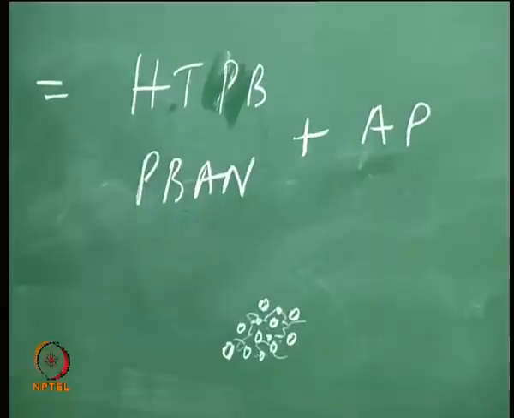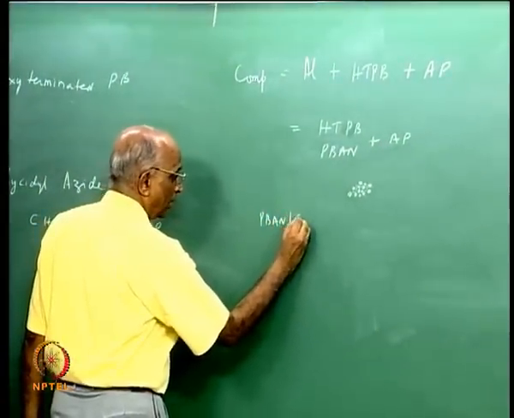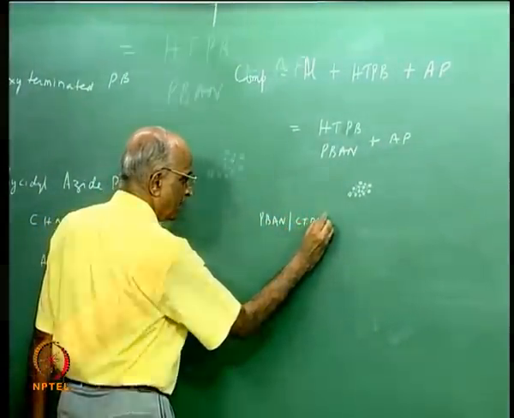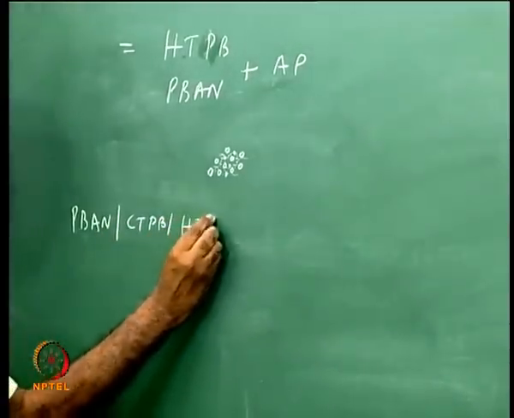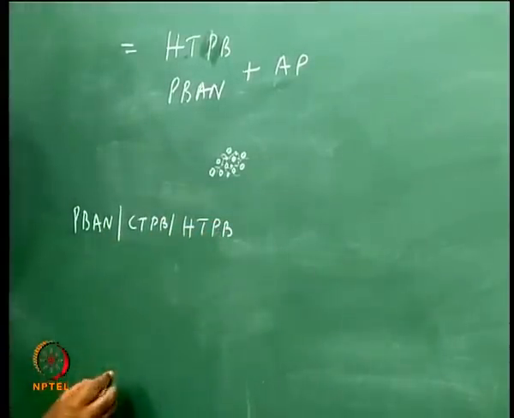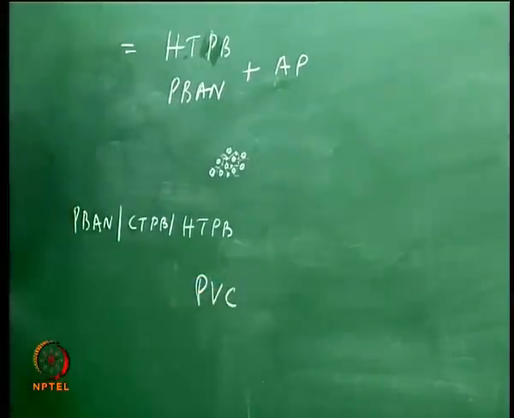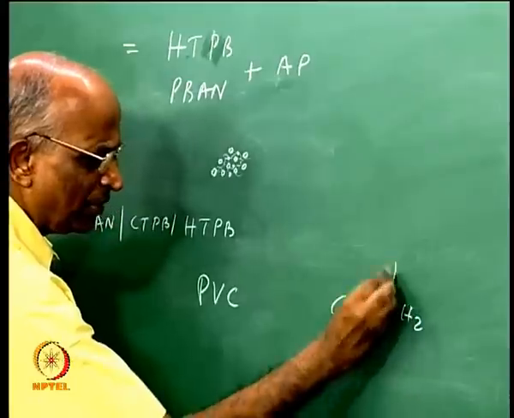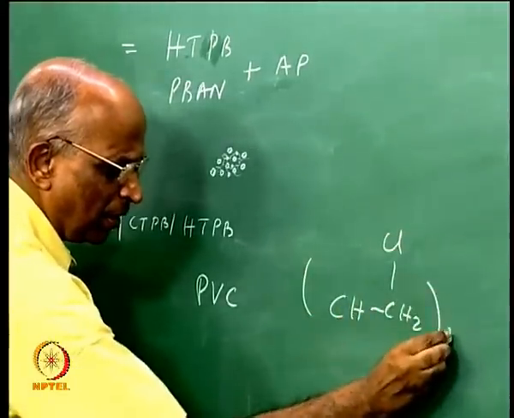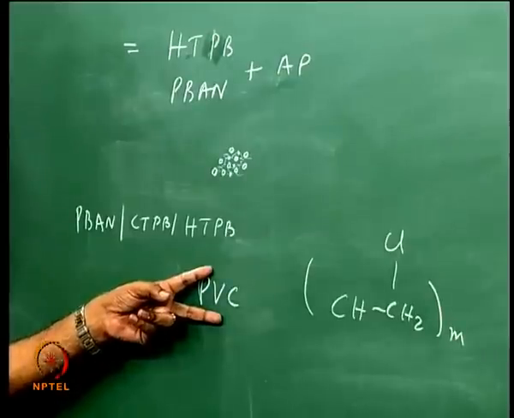In the past, instead of PBAN or CTPB, see, we must be able to distinguish how these things come. Maybe instead of HTPB, they made use of polyvinyl chloride, PVC, and what is PVC? It consists of CH, CH2 with Cl in a large chain, but these are all very low energy. Nowadays it is just not used.